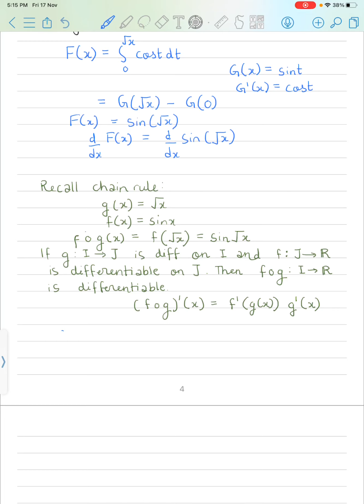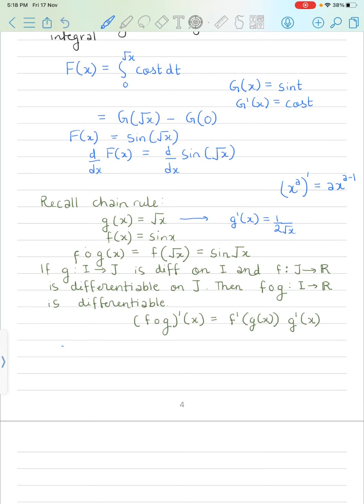Here g dash x is equal to half root x, using the fact that the derivative of x to the power a is a x to the power a minus 1, and obviously f dash x is cos x.